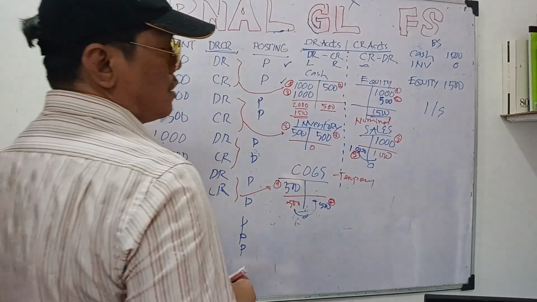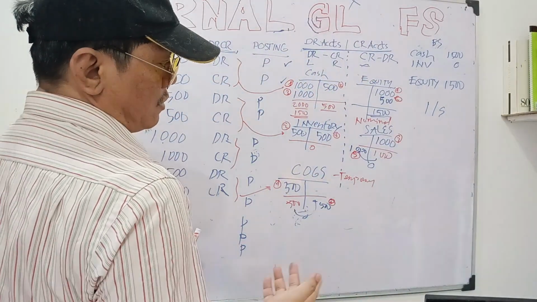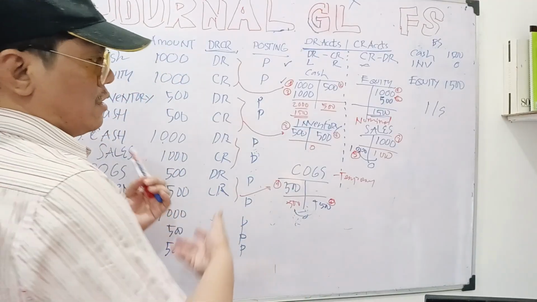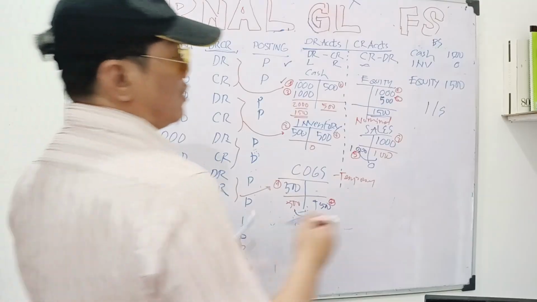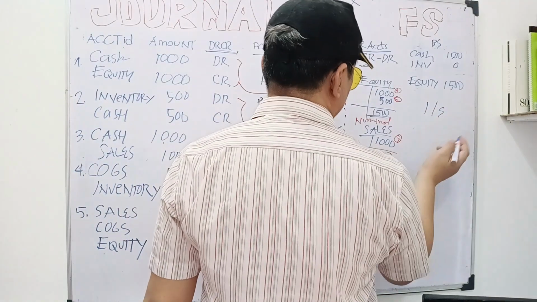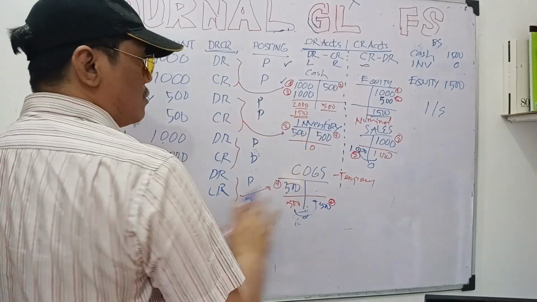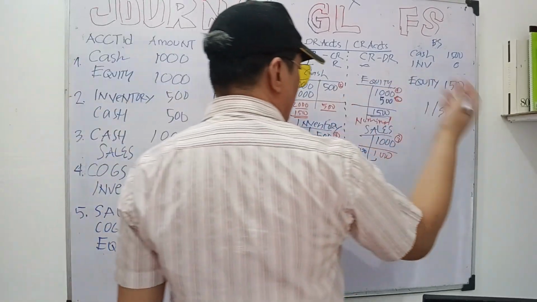Now for the income statement, we can just query the sales and the cost of goods sold here, right? Like I said, it's just a report, a code. You will not worry about those things because these are coded.